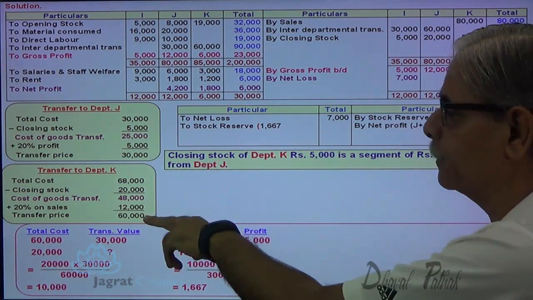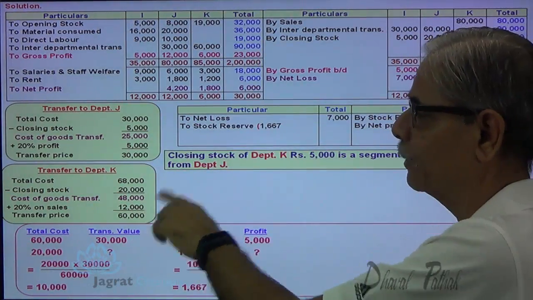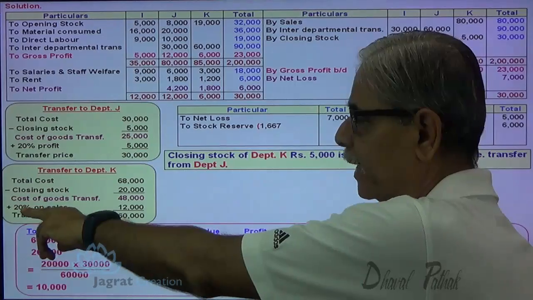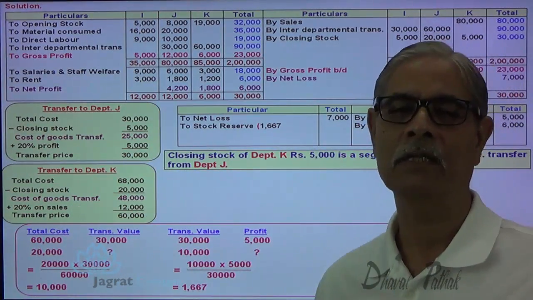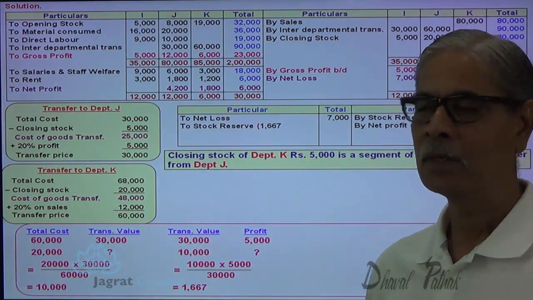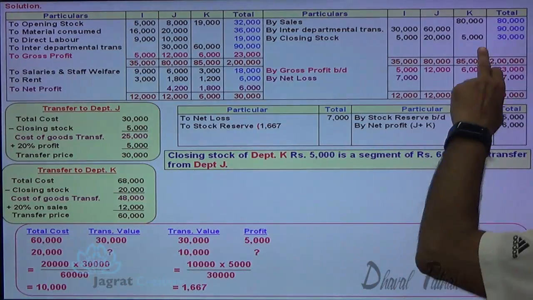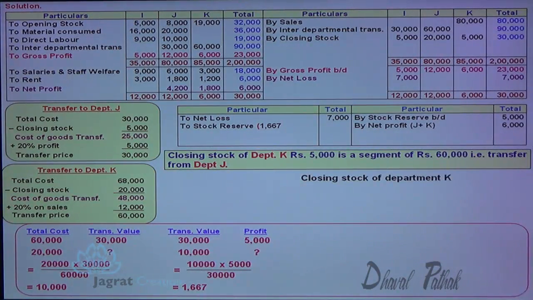Now when 60,000 was transferred from J to K, at that time there was a profit load of 12,000. So for a 60,000 transfer value, the profit load is 12,000. How much for 5,000? That I would like to work out.